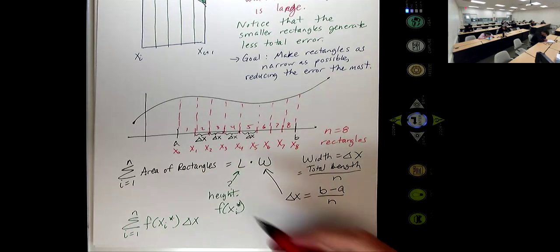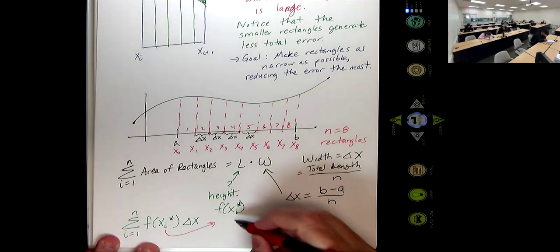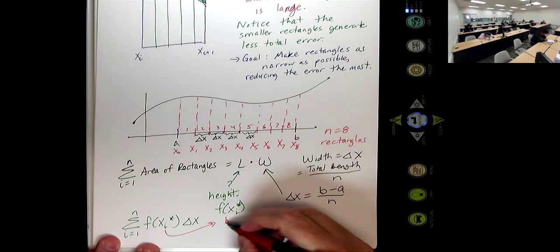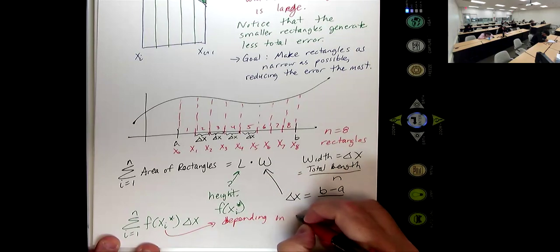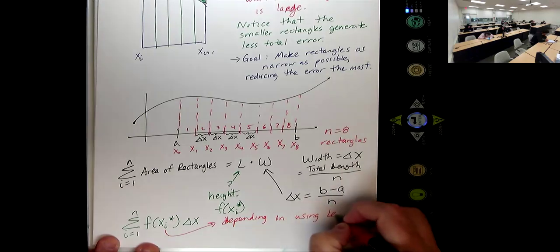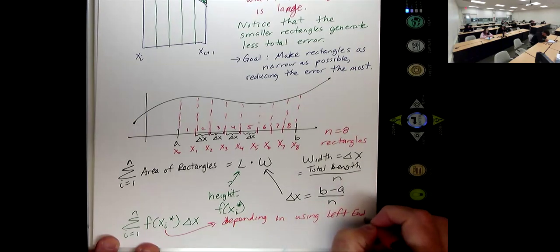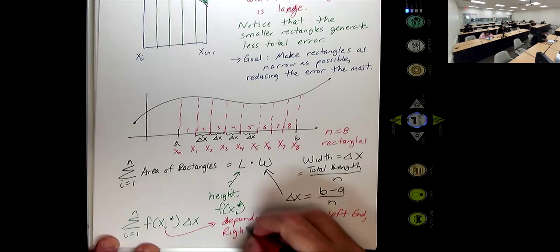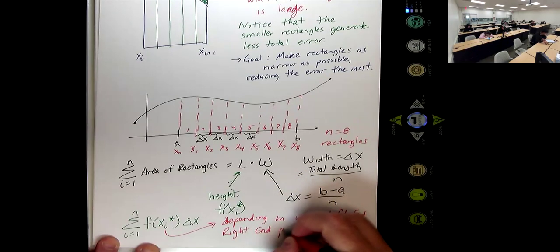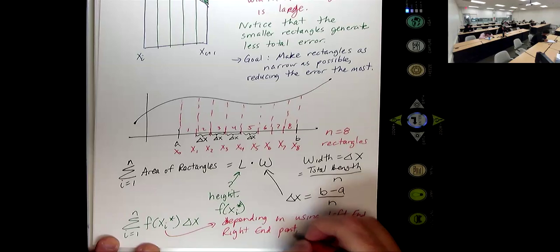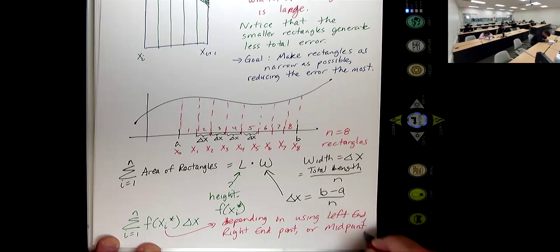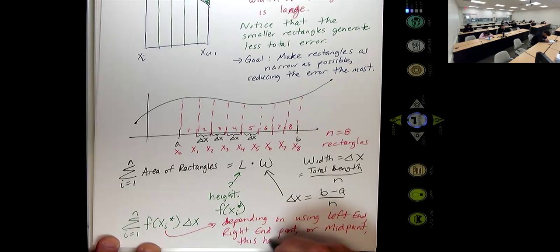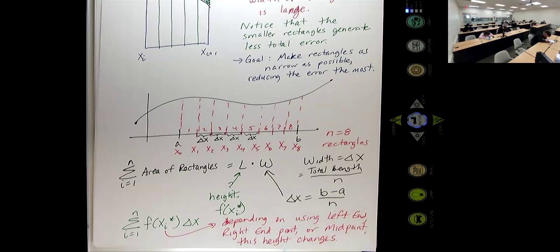The reason why I use the star is because we saw, depending on using left endpoint, right endpoint, or midpoint, this height changes.